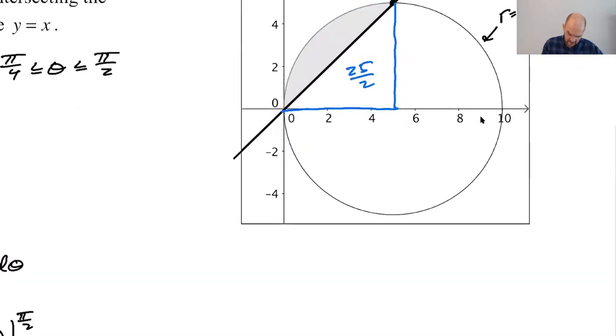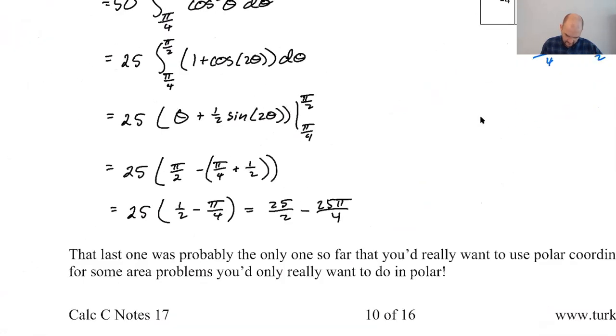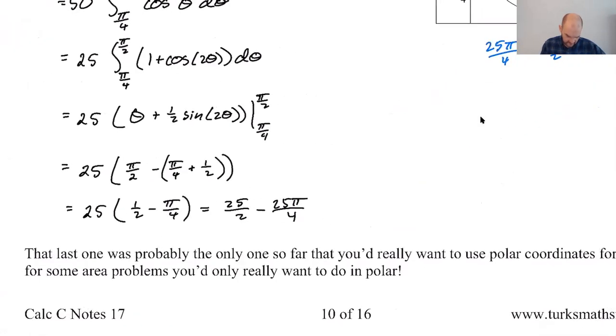So it should have been 25 pi over 4 minus 25 over 2, which I didn't get. Why didn't I get that? I have them flipped. The big thing minus the little thing. It definitely should be that.